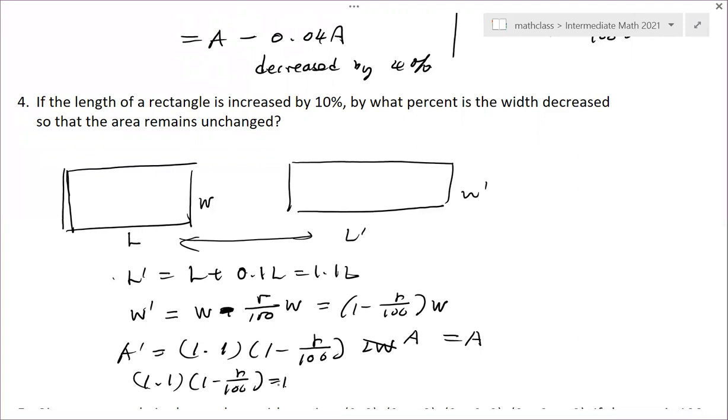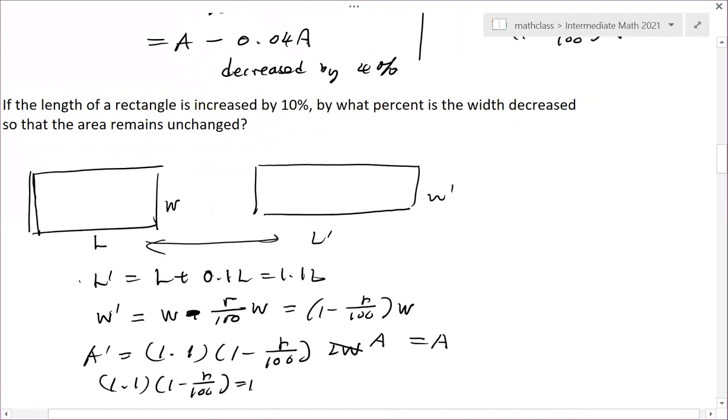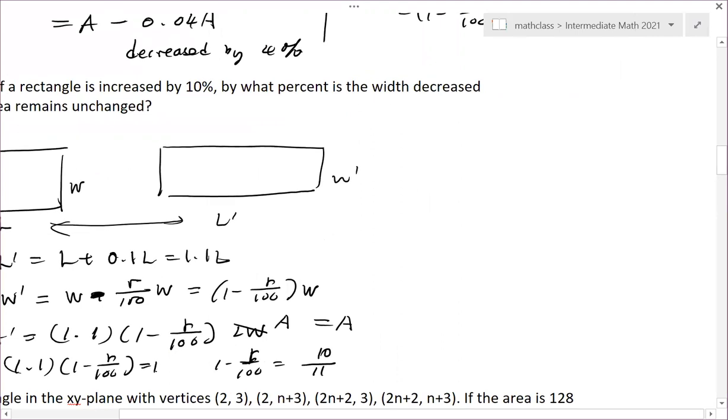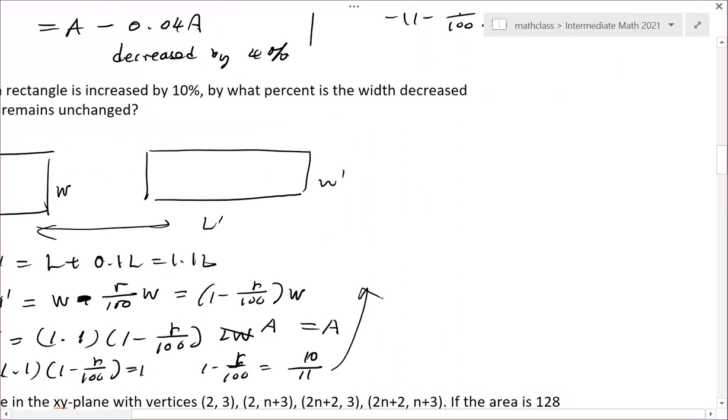How do you solve this equation? Well, you just divide both sides by 1.1, which is 11 over 10. So 1 minus R over 100 is going to be 10 over 11. Then from here, R over 100 is going to be 1 minus 10 over 11, which is 1 over 11.